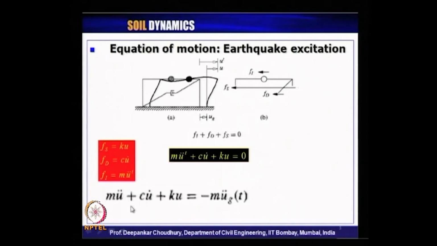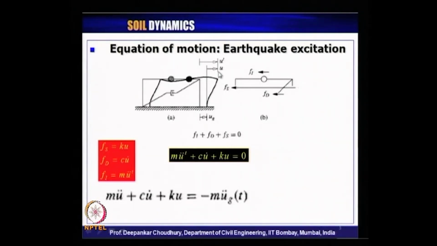Then the basic equation of motion for a single degree of freedom has been obtained as m u double dot plus c u dot plus k u equals minus m u g double dot t, where this u is the difference between the ground displacement and the total displacement observed at mass level.